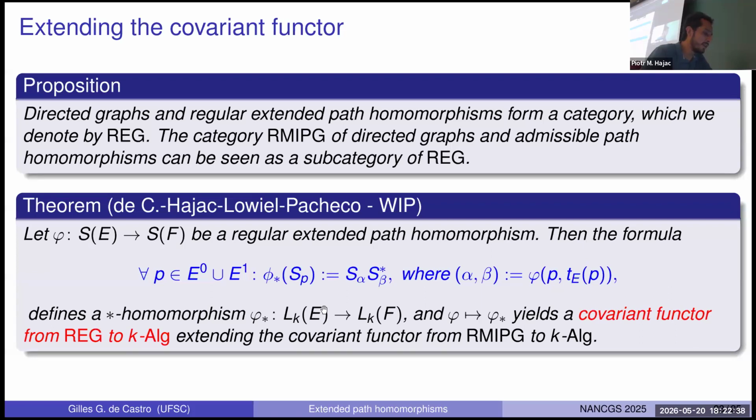And the idea is that if you have a vertex, it's just the vertex, so the target vertex is itself. But if it's an edge, we do not want it to be the edge, because the edge here corresponds to p p star. And we want it to really just be p itself. That's why we put the target here. So we have an edge p, so phi of p, and the target, this corresponds to the edge inside the inverse semigroup. This is going to be some pair alpha beta. And so basically what we're saying is that we're going to send p to alpha beta star.